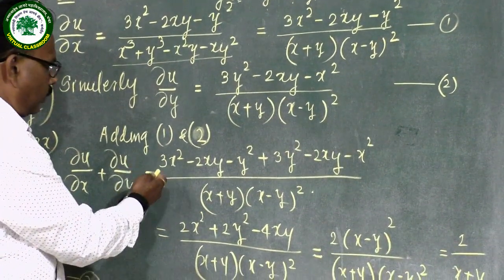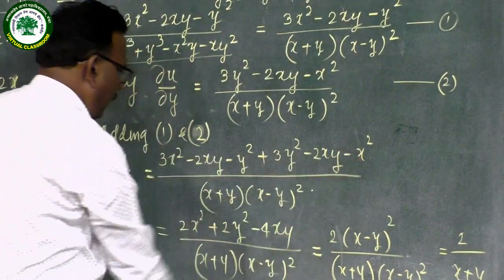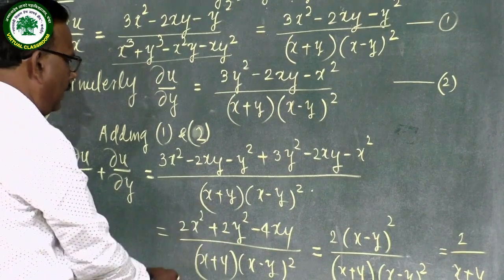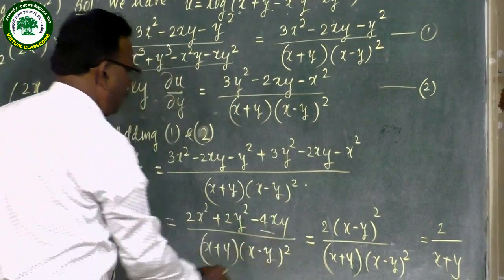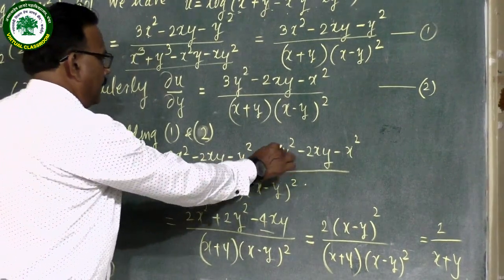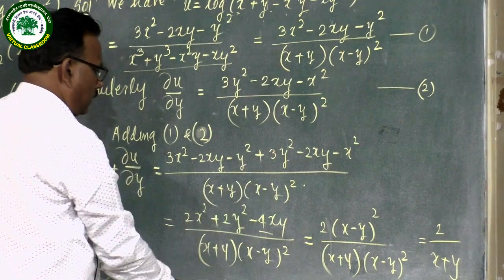After simplification, what will happen here? Say 3x square is there, minus x square will be cancelled, therefore 2x square is there, minus 2xy minus 2xy will be minus 4xy, and plus 3y square minus y square, the remaining term is plus 2y square.